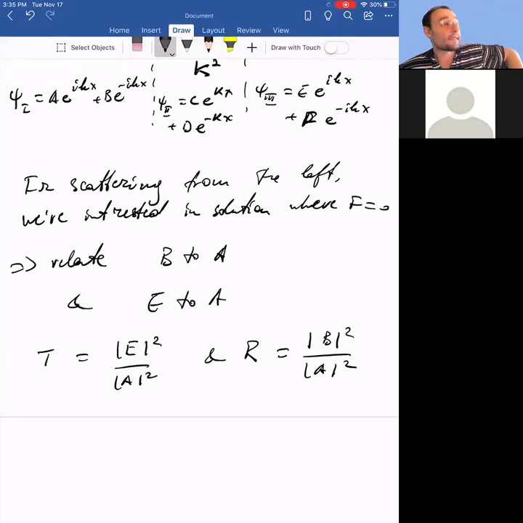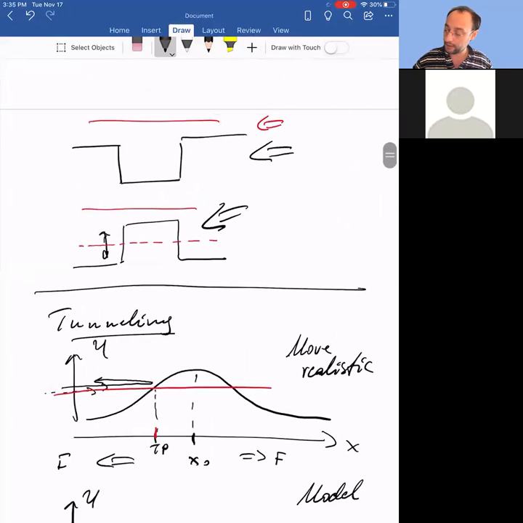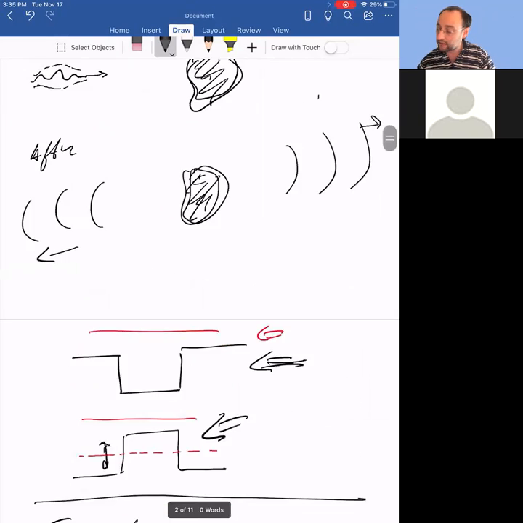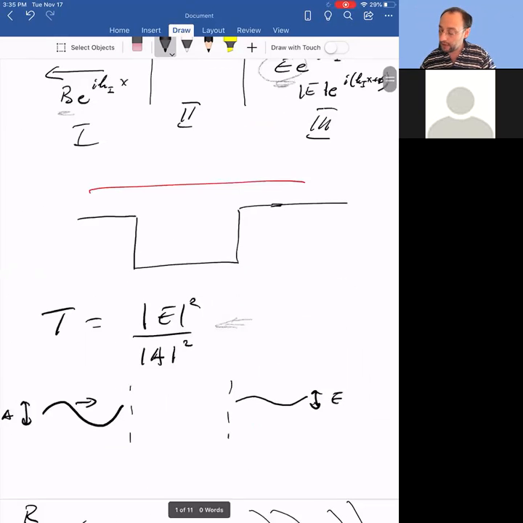And so what that means is that you have a solution for any energy above U naught. For the bound state, when energy was below U naught, we had solutions only at specific values of energy. For the scattering state, any energy you give me, sure, there is a solution. And as you change the energy, the relative amplitude of E and B will change. And that's why the transmission and reflection coefficients change.